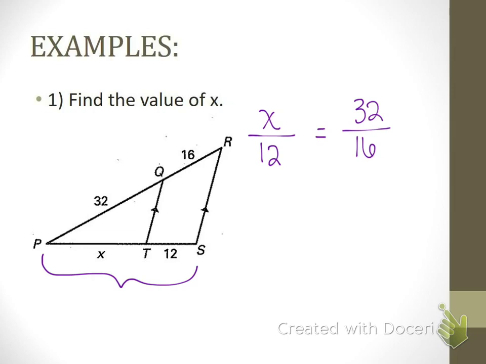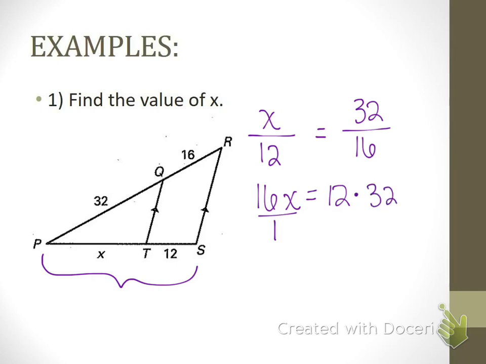Okay, again, lots of correct ways that you can do this. Technically, if you really wanted to, you could simplify this ratio before you get started. You don't have to. You could just jump into cross multiplying. 16 would get multiplied by what when we cross multiply? X. And 12 would get multiplied by 32.